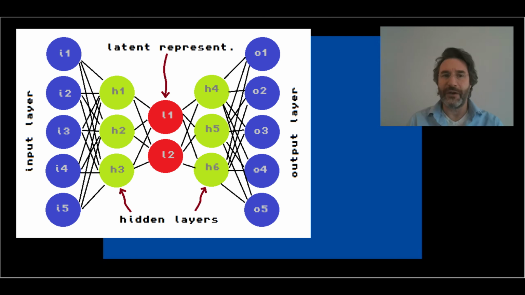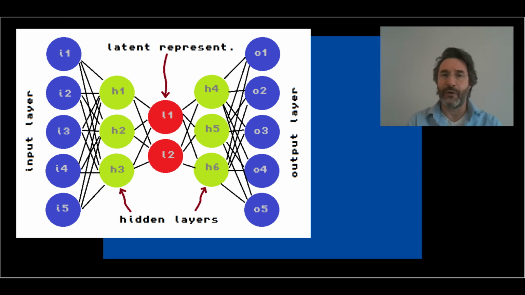First, you see a set of input neurons in the input layer: 5 neurons on the left hand side. On the right hand side we have our output layer, represented again by 5 neurons, but these are output neurons.